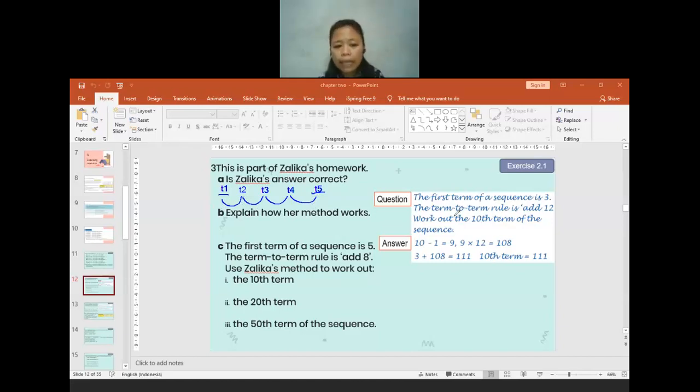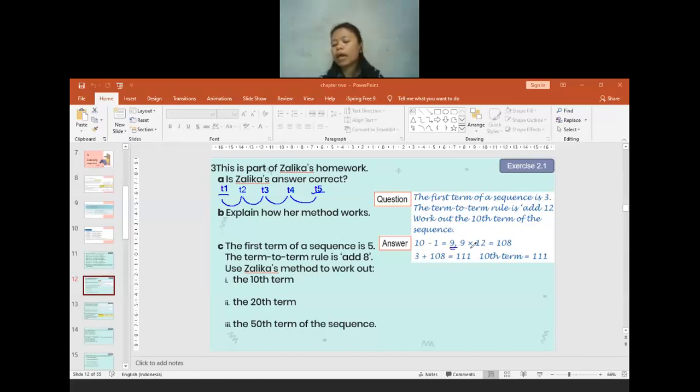So Zalika also did the same thing until the 9th term. She made these lines and checked: when finding the fifth term, my lines are only 4. How do I get 4? By subtracting 1 from 5. So later when I want to find the 10th term, it will be 10 minus 1, which equals 9.